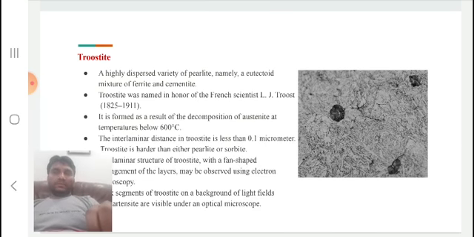So every time we get trustite, there is a problem with retained austenite. However, the retained austenite is more compared to the retained austenite in the sorbite. So obviously trustite is also subjected to tempering after the formation of the trustite structure.